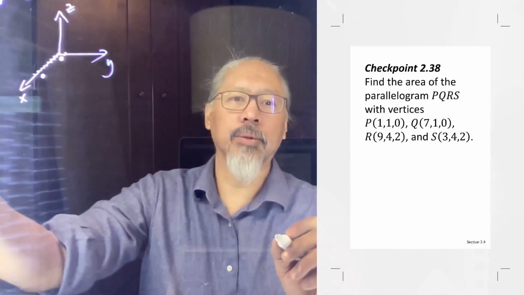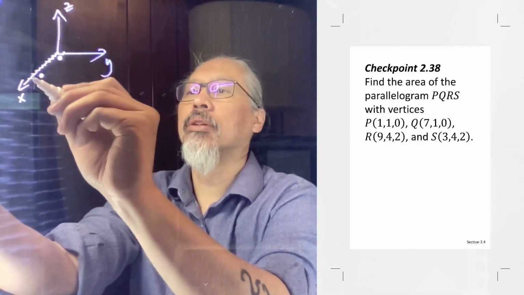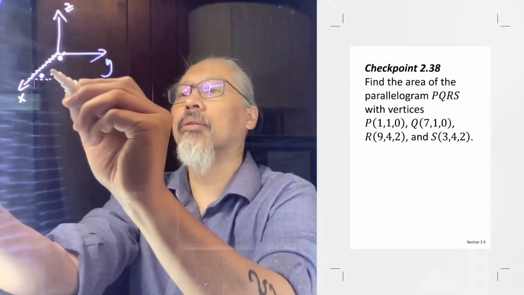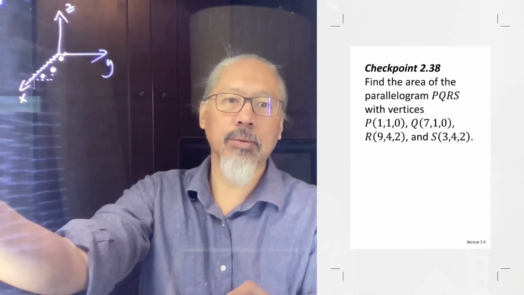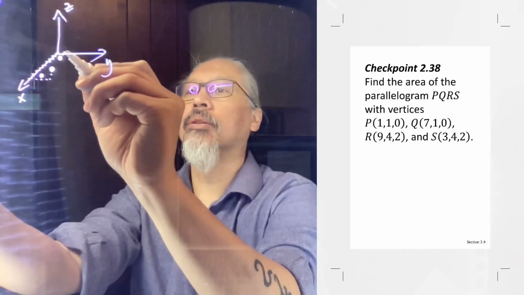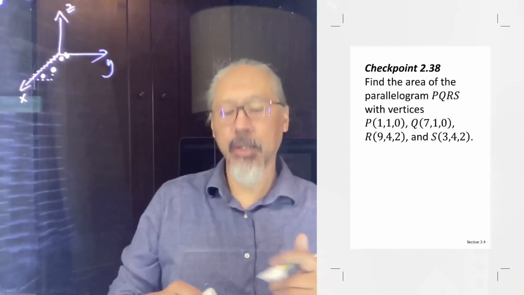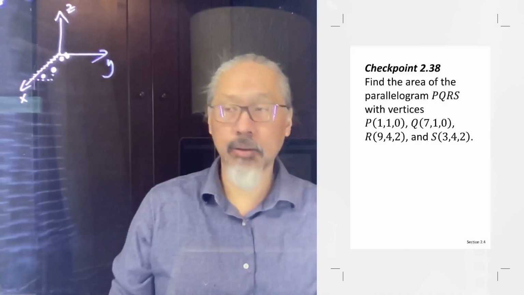Our R is (9, 4, 2), so 1, 2, 3, 4, and up 2 units. And our last one, S, is (3, 4, 2), also up. Hard to picture now, but we have our values.